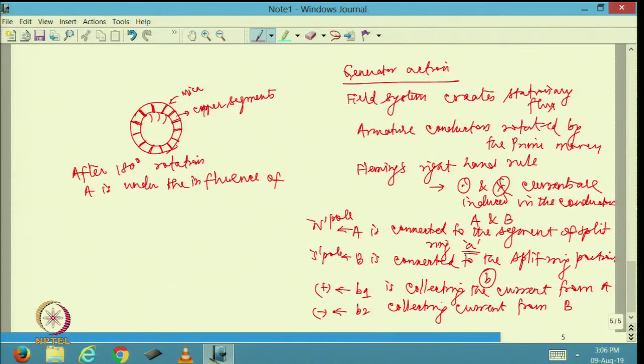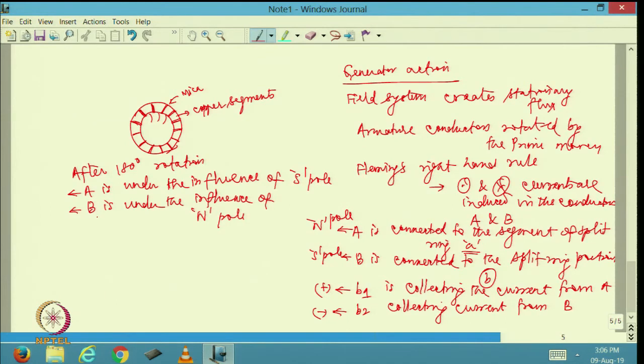Now, after 180 degree rotation, A is under the influence of south pole and B is under the influence of north pole. Right?